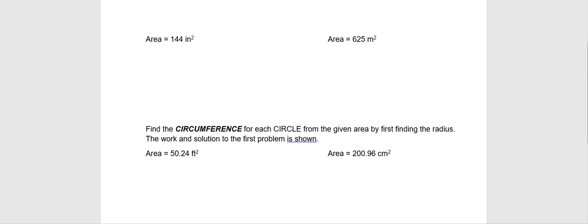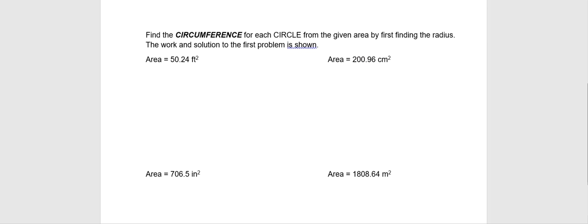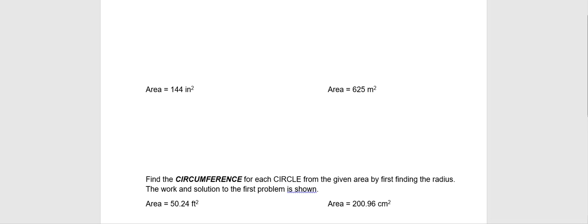Likewise, once we work backwards from the area using the appropriate formula, we'll be able to solve for the radius of the circle, and then we're going to need to use that information to ultimately answer the question of what the circumference is. So these are really two problems where we are going to need to make use of two formulas, one to work backwards to find a missing piece of information, and then one to work forward to ultimately answer the question at hand. So in each of these problems, I'm going to walk you through the process.